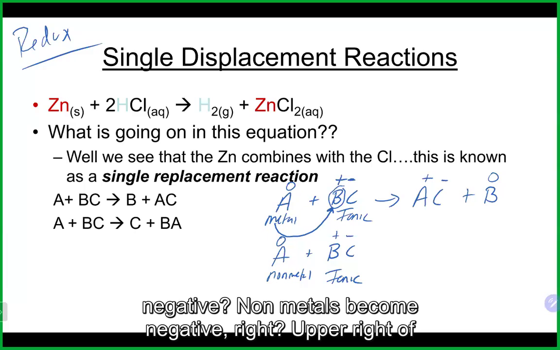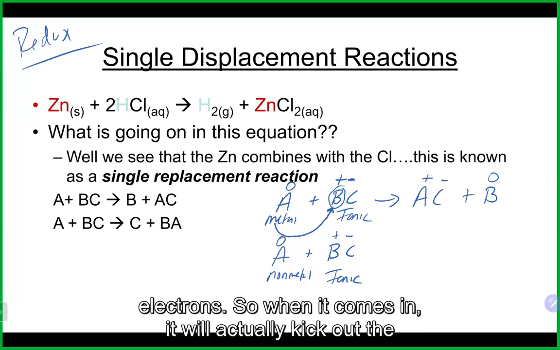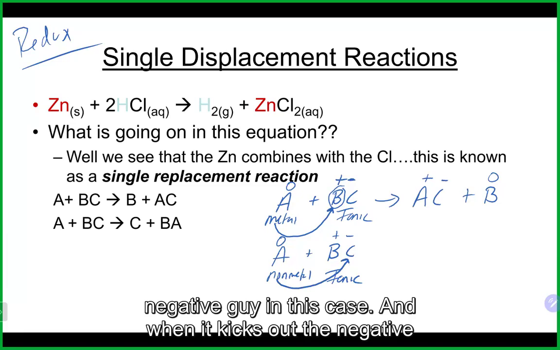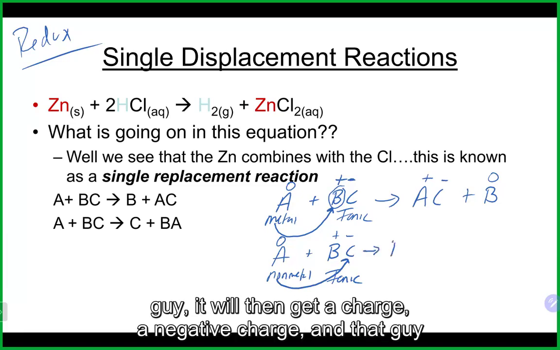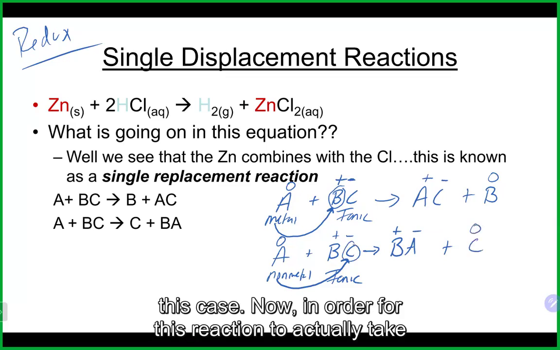Nonmetals become negative, right? Upper right of the periodic table. They're the ones that will gain those electrons. So when it comes in, it will actually kick out the negative guy in this case. And when it kicks out the negative guy, it will then get a negative charge. And that guy that gets kicked out will come out by itself with no charge in this case.